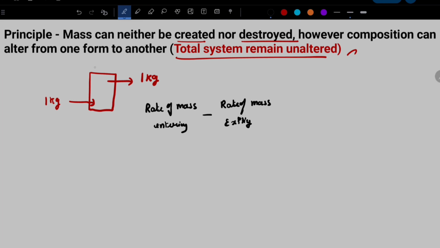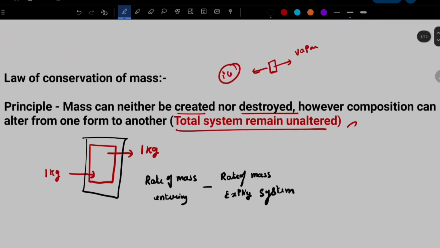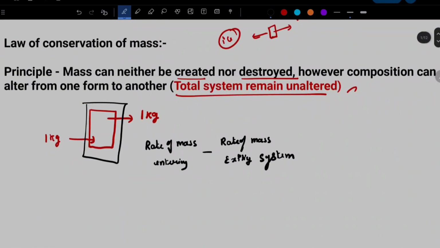Exiting what? Exiting the chamber, right? This is the system. We can call this a system. Exiting the system, like the evaporator or whatever system we are considering, is equal to the rate of mass accumulating in the system.